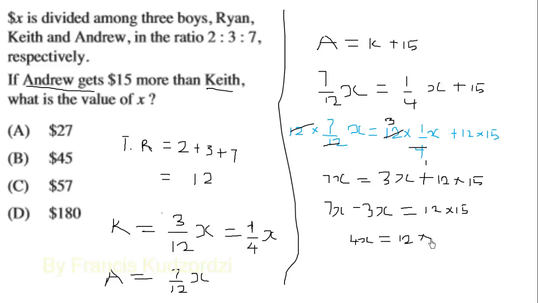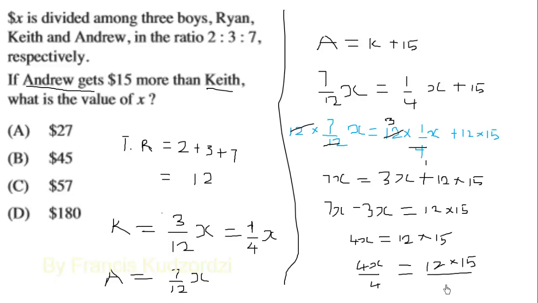So you will see the reason why I've asked you just to keep it like this. If you divide both sides by 4 now, 4x over 4 is equal to 12 times 15 over 4.